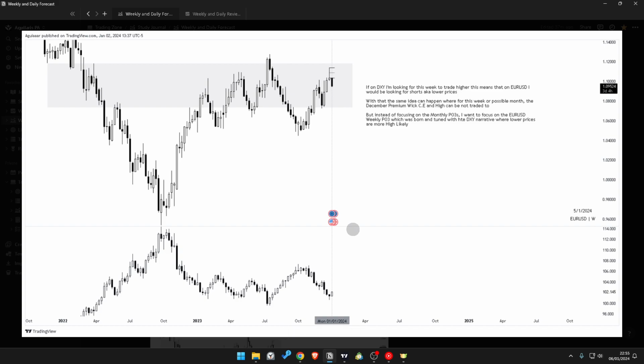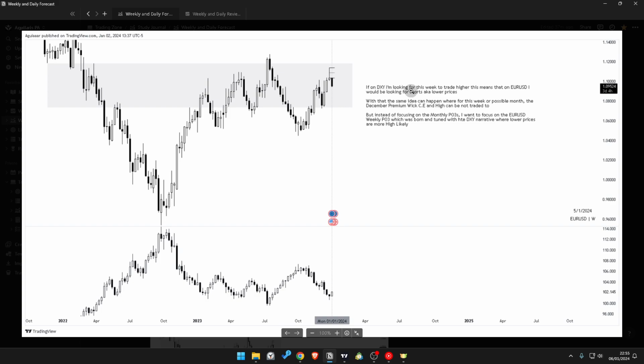So if DXY is up, or DXY in the risk off scenario, then forex currencies ending on USD, so GBP USD should go lower. And it's written right here.